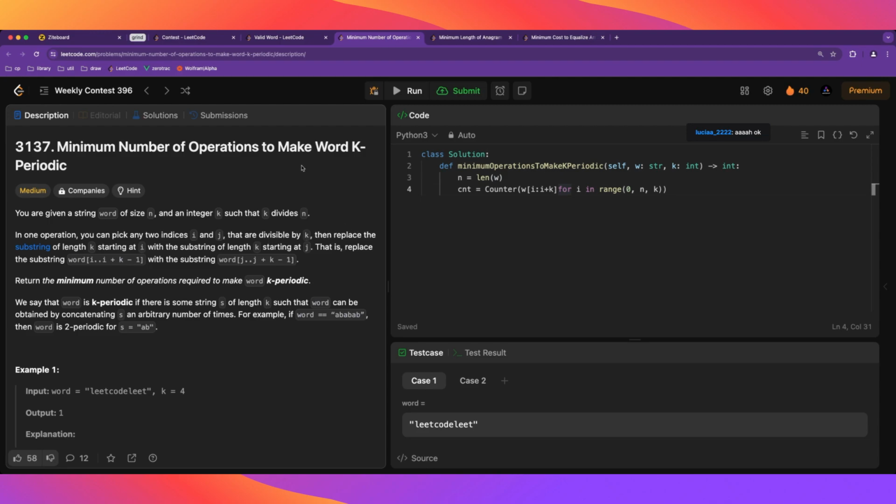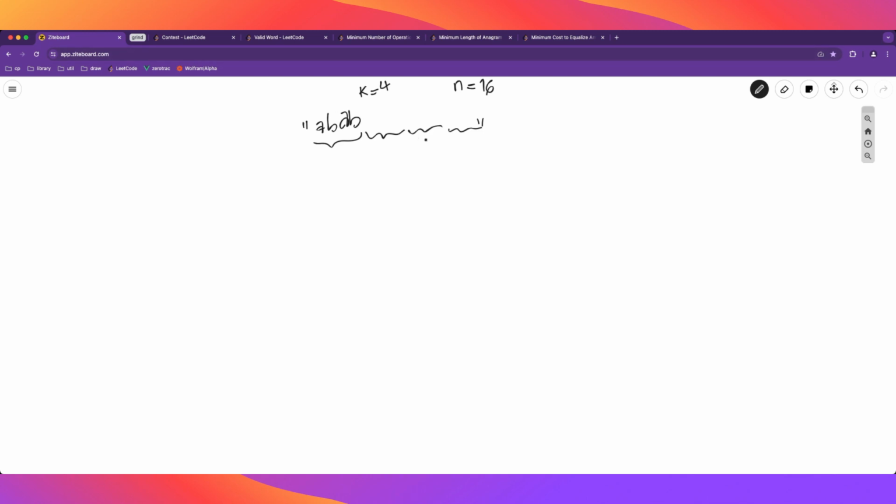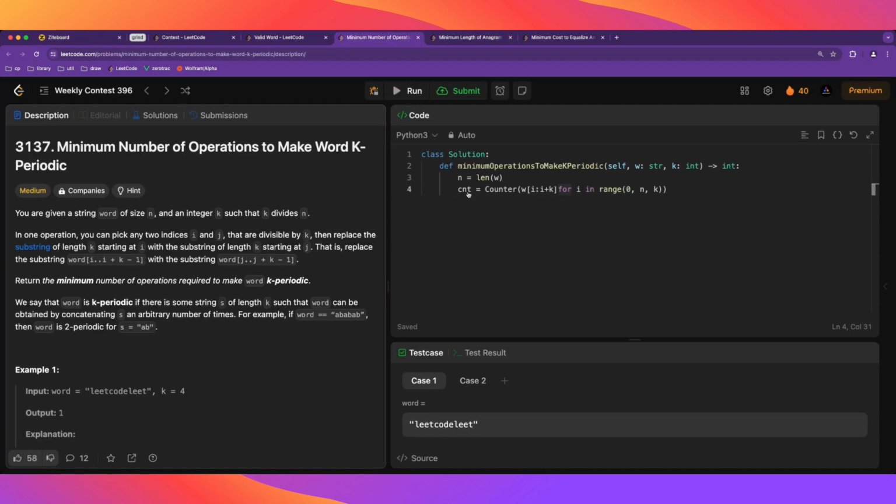The problem could be more complex if you didn't have that restriction. But here you just have blocks of size k from the beginning, and those are the units that you are dealing with.